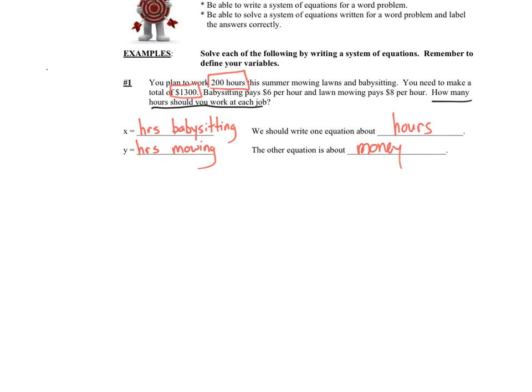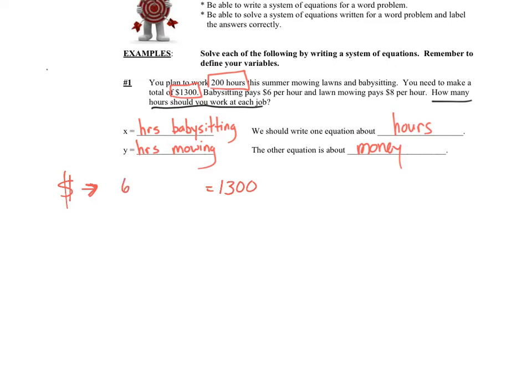So when you write an equation, you always want to put the total at the end. So if we're doing the money equation, okay, the total money, draw an arrow there. So for the money, the total is $1,300. So how do we get paid that $1,300? Well, we get paid $6 per hour for babysitting.